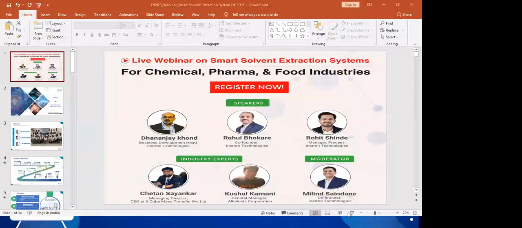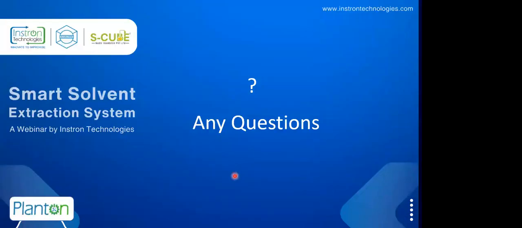Your another question was with respect to solvent recovery. We have supplied a couple of units for solvent recovery. When we were in Canada early this year, we interacted with one of the industries. They are providing solvent recovery solutions, and the same solutions we can supply to India.